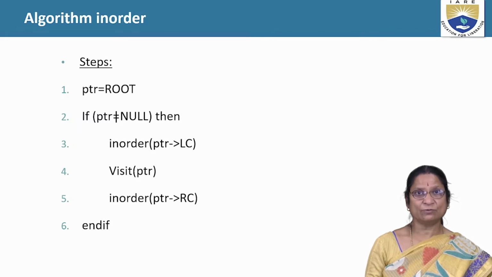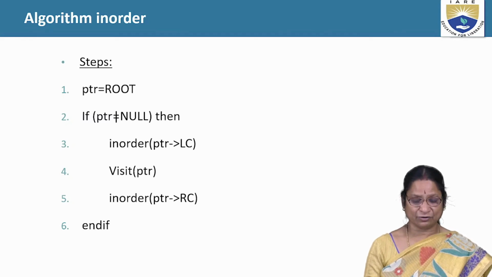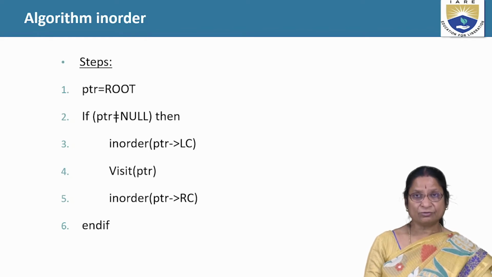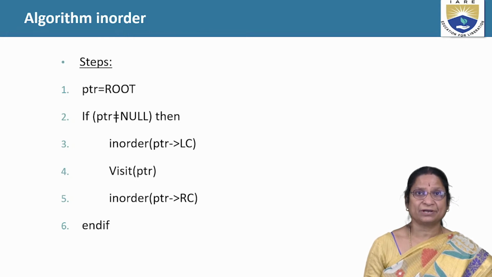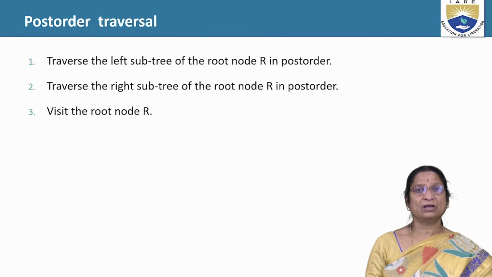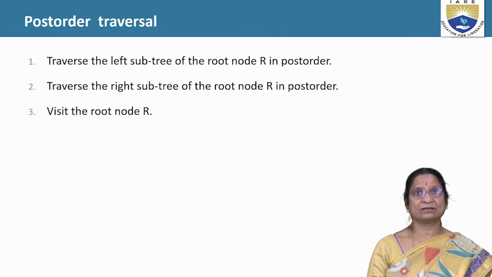If PTR is not equal to null, the base condition is the same here also. But first we have to invoke in-order on the left subtree, that is in-order of PTR's left child, then process the root. Then we invoke in-order again recursively for the right subtree. So this is the way we execute recursive tree traversal.